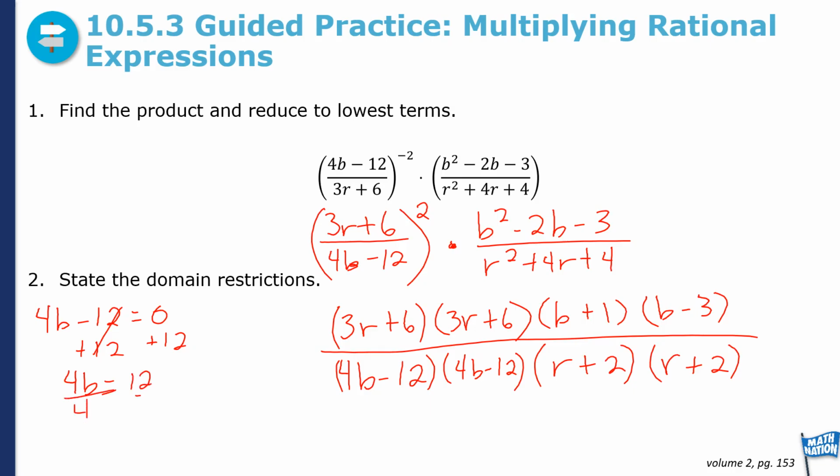Divide by 4. So b cannot equal 3. And then we have r plus 2 equal to 0. So r cannot equal negative 2. Those are our restrictions, or domain restrictions.